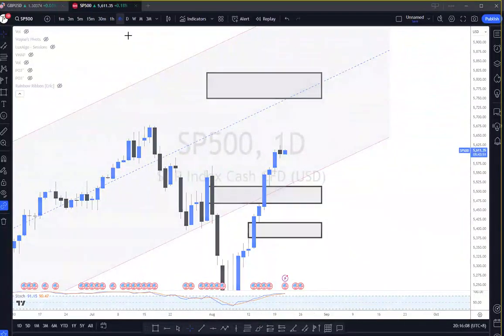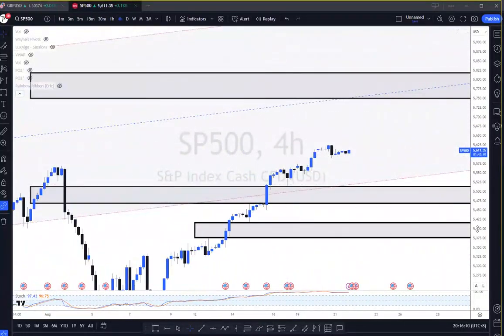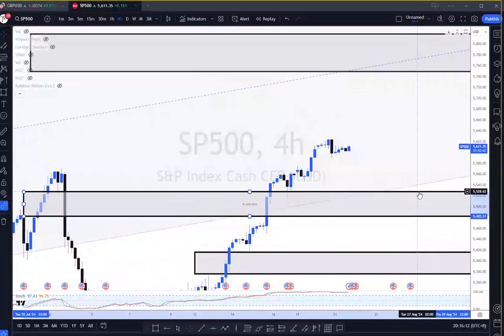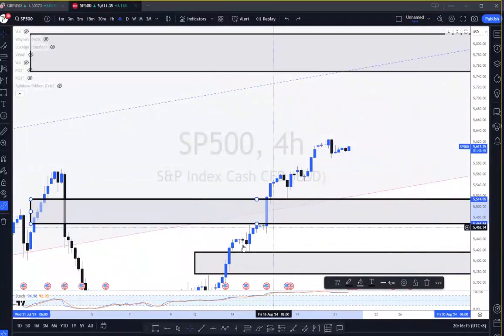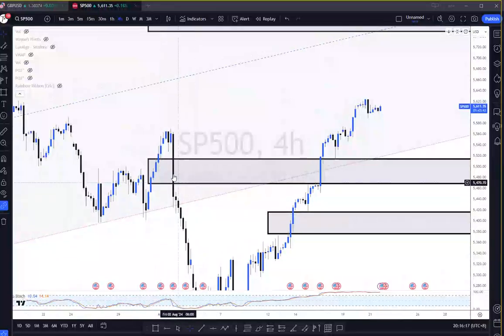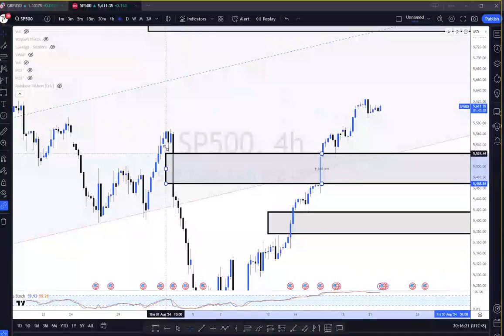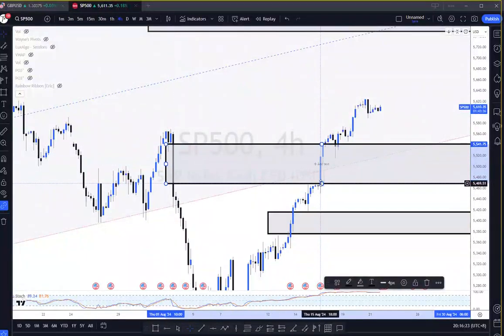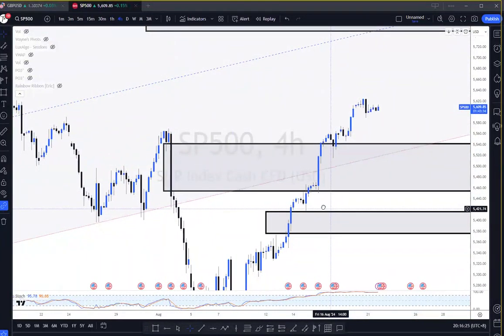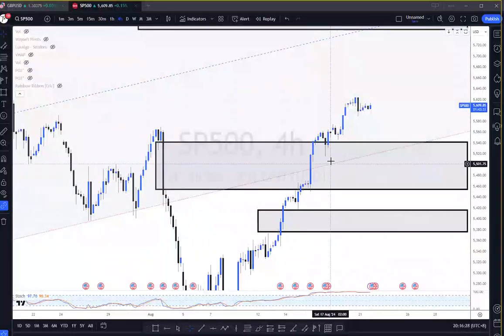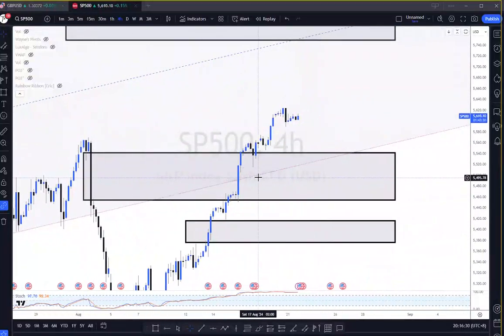And clearly the gap between these two areas here, if we go down to that low time frame, this was the gap that we're looking for. We were looking for a rejection of this area, so we did not get that.